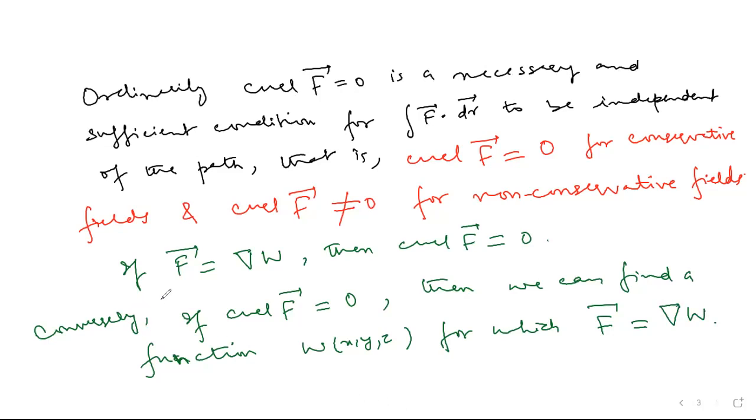I am saying if F is gradient of some scalar W, then curl F is 0. Conversely, it is also true, if curl F is 0, then we can find a scalar function W of x, y, z, for which F is gradient of W, right?